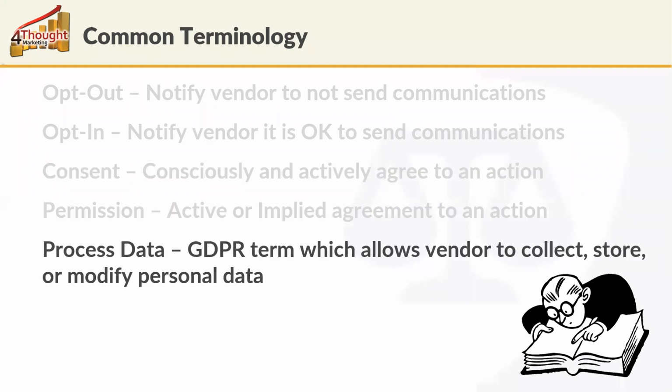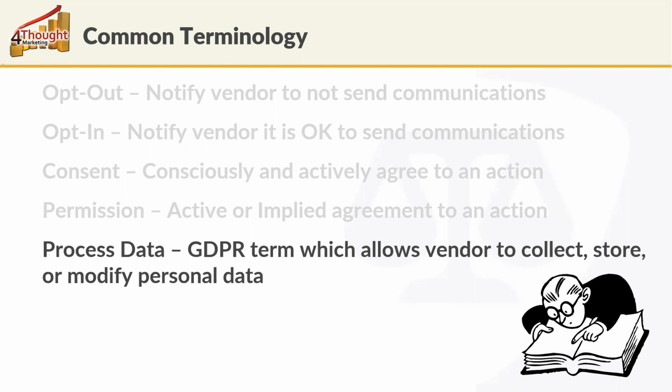The other key term that we want to make sure is understood is processing data. So under GDPR, GDPR does not actually give you the right to communicate. What it does is it gives you the right to collect, store, or modify personal data, or what we call processing data. Implied, or what you can infer from processing data, is that you can communicate with an individual.